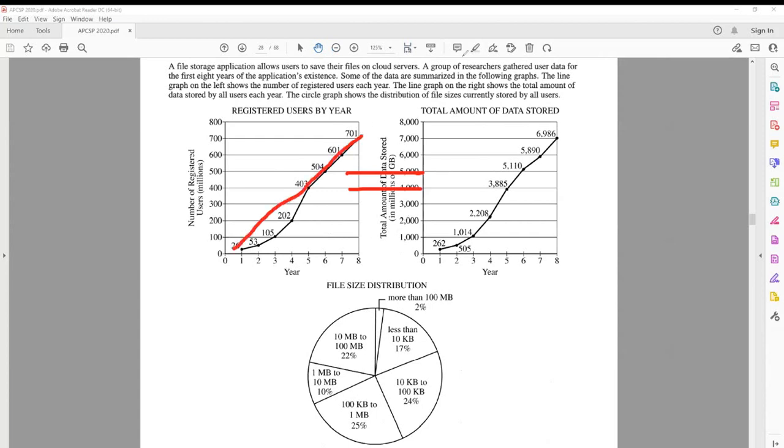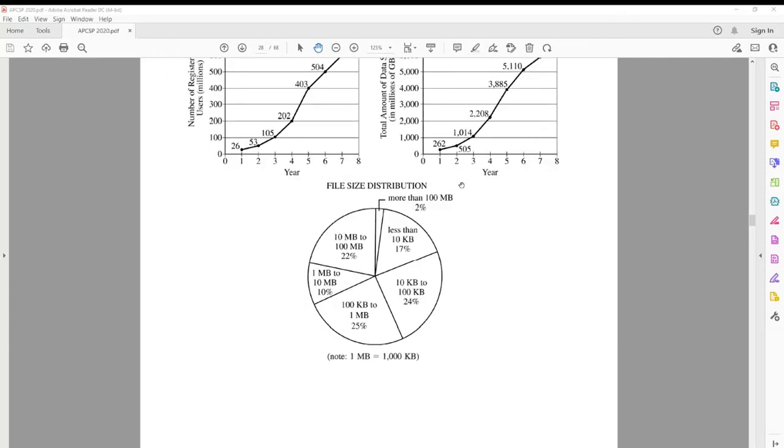If you overlay the curve, it's very similar. It's a ratio of about 10 to 1. If we check it, it's about 10 to 1. So we find the trend.